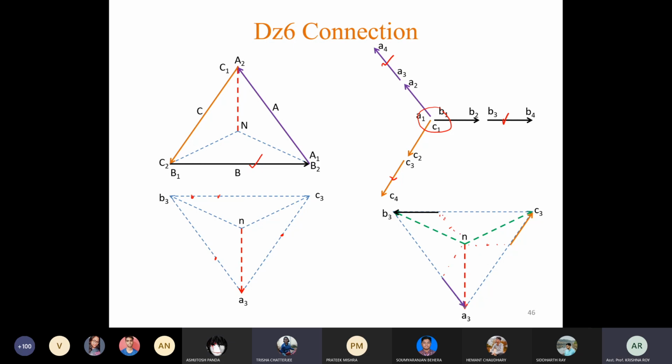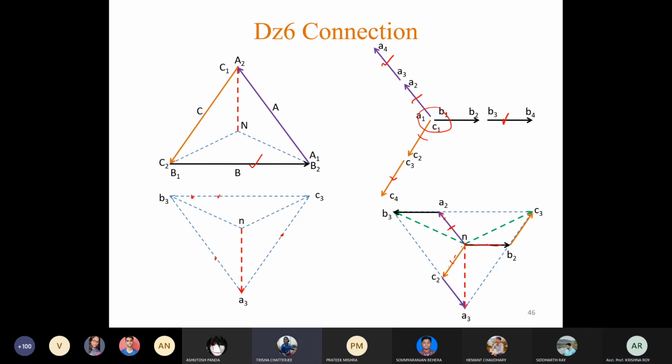So first of all, identify this one. Which one is parallel to this one? Obviously this one. So A2 will be here and A1 will be here. This side is parallel to this side, so this will be C1, C2, and this side is B1, B2. So draw A1, A2, B1, B2, C1, C2.